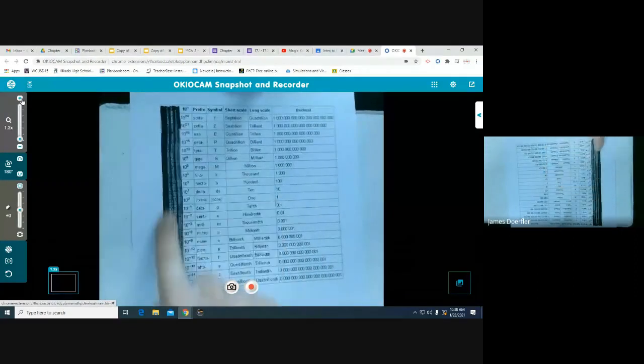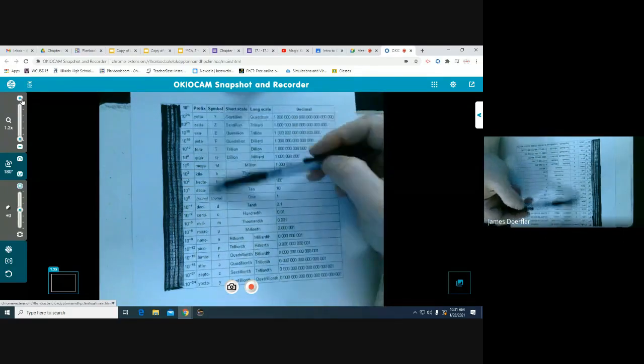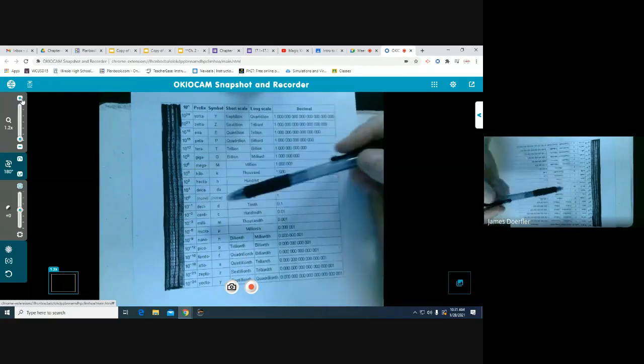So this left column, I blacked out because we don't need it. Okay, it doesn't pertain to anything we're doing. But what I want you to do is familiarize yourself with the symbols, the prefixes, and their values.